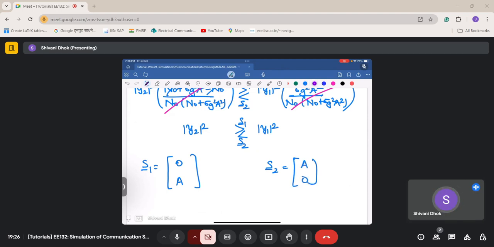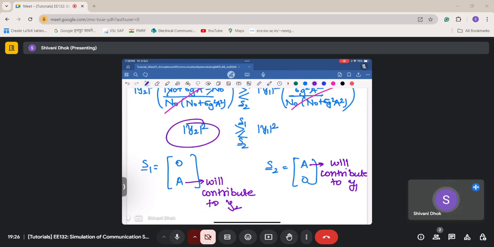So this will contribute to y2, and this will contribute to y1. So now if the energy of y2 is higher than y1, which means that there is something additional that is coming up in the second dimension, and therefore I'll decide in favor of S1.